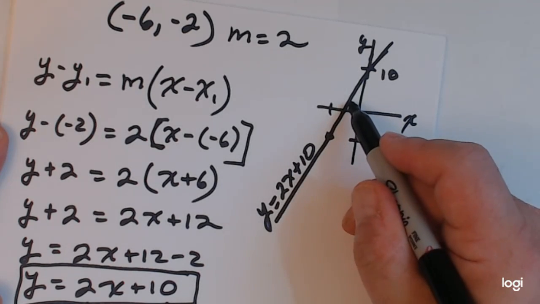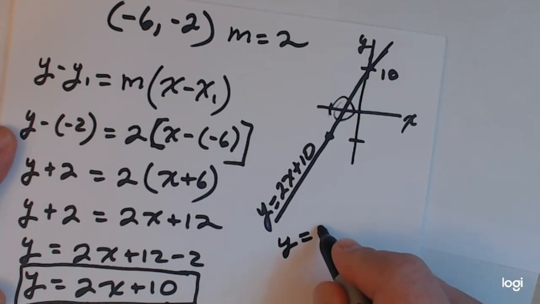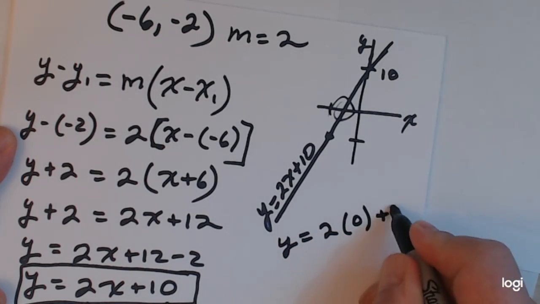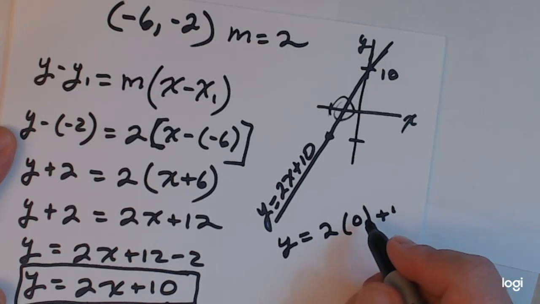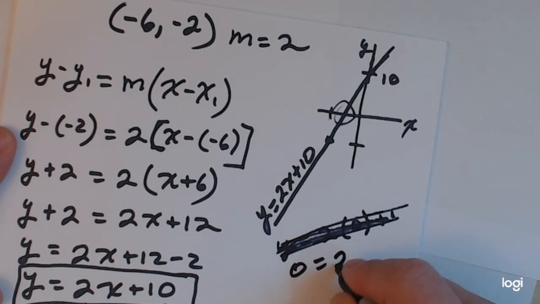If we want to know what this point is, where it intercepts the x-axis, we can simply set y equal to 0 and solve. 0 is equal to 2x plus 10.